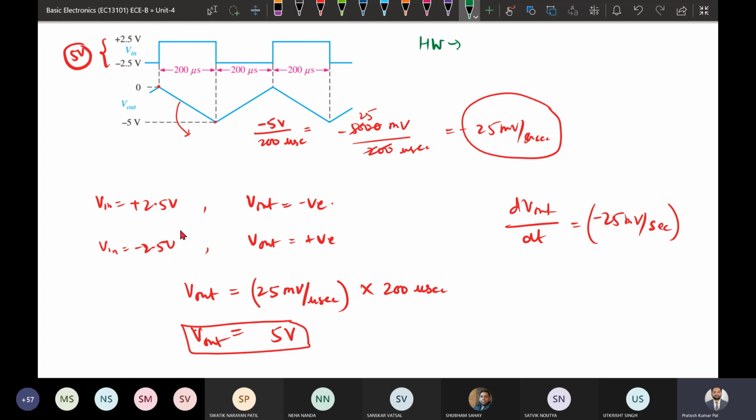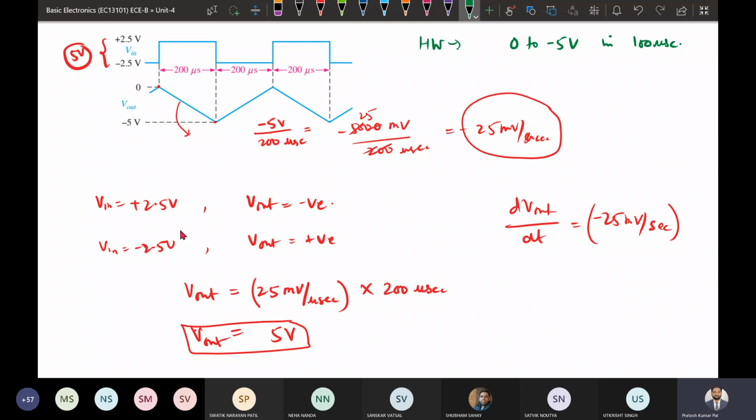Suppose, in a similar question, just modify the integrator circuit to make the output change between 0 to minus 5 volt in 100 microseconds.